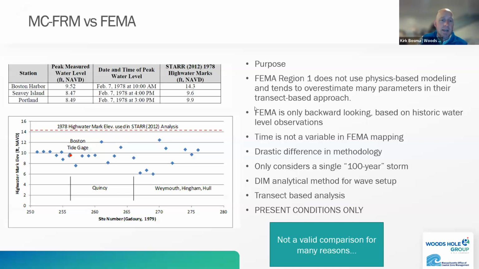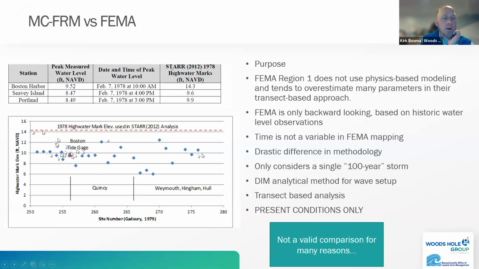I put these charts on here just to indicate, when we did the remapping in LOMR for the city of Boston, you can see these are the high water marks that exist throughout the Boston Harbor Basin, these little blue triangles. The red is the measured Boston tide gauge information for the 1978 nor'easter.